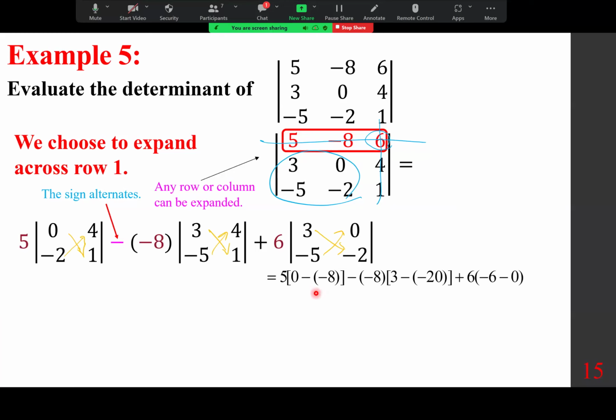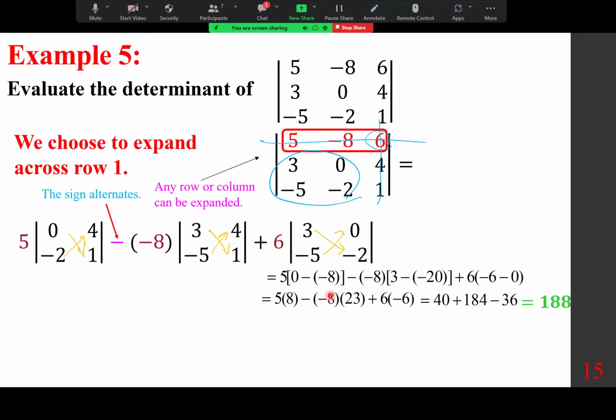So this is 8. This is 23. This makes it 40 plus 8 times 23. 8 times 23 is 184, minus 36. And when you add them up, this one and this one give you 4, with 184 is 188.